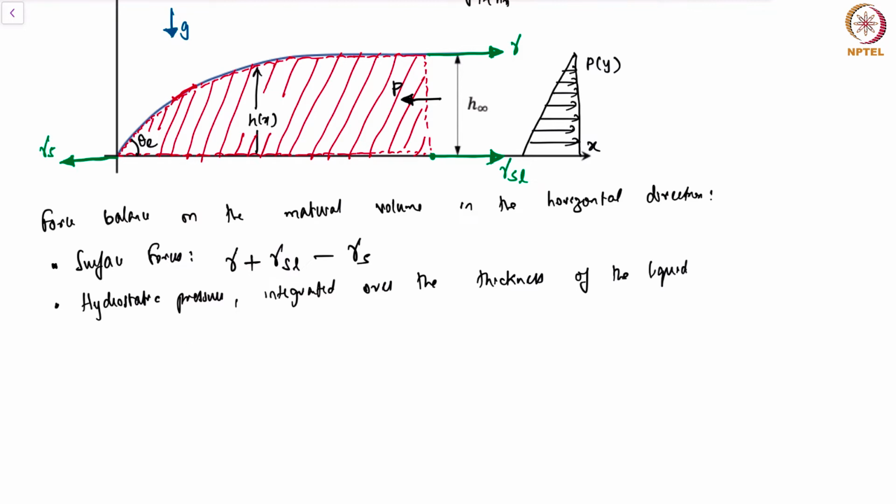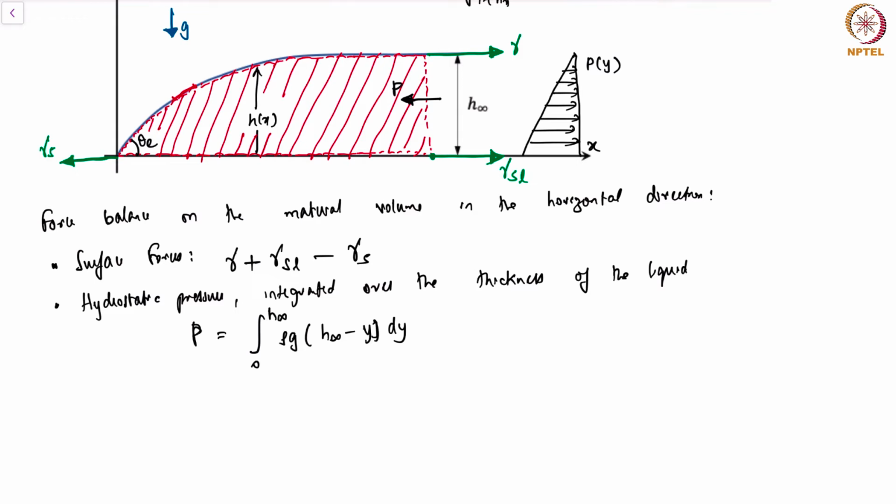This we'll call it as P, and this quantity P essentially goes from 0 to H infinity of rho G times (H infinity minus Y) dy, right? So if you notice here, when Y equals H infinity, when you're at the very top, the pressure goes to 0, because I'm only interested in the difference in the pressure. So the pressure of the atmosphere above only adds a constant value which can be ignored.